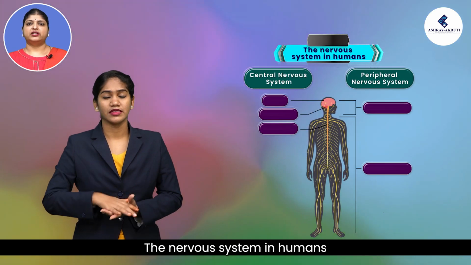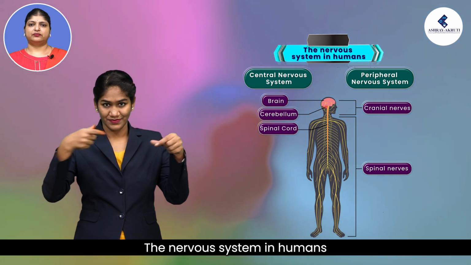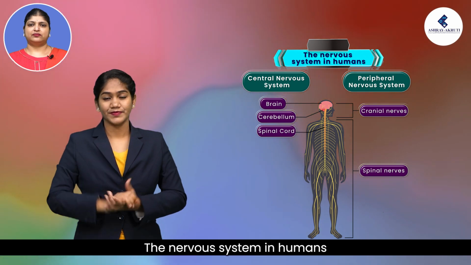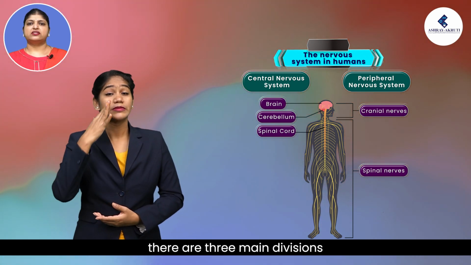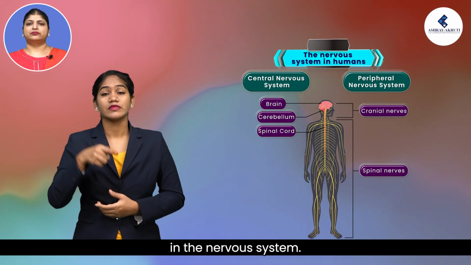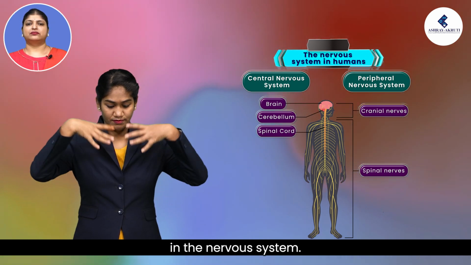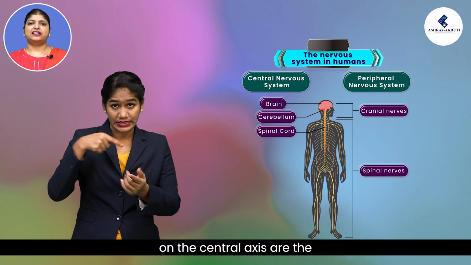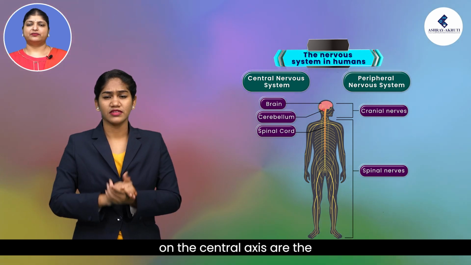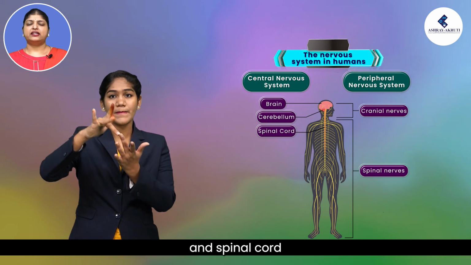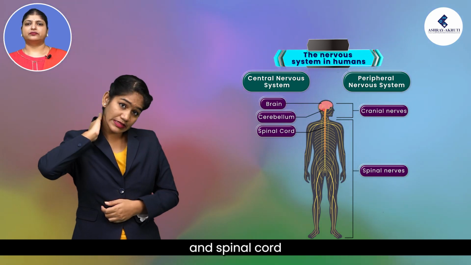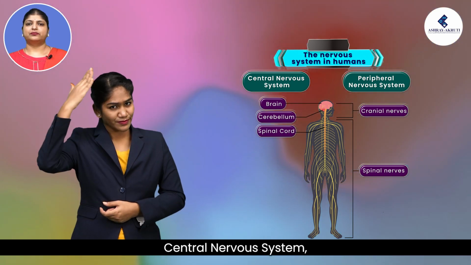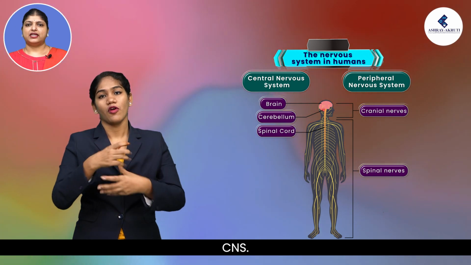The nervous system in humans. There are three main divisions in the nervous system. The parts present on the central axis are the brain and spinal cord, and they form central nervous system, CNS.